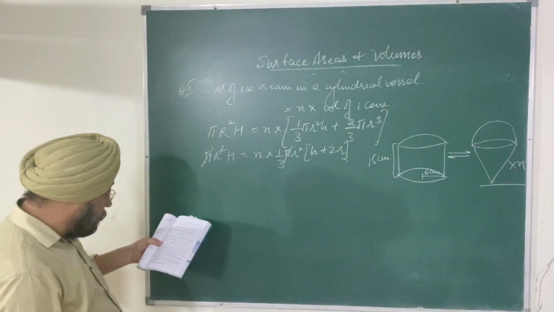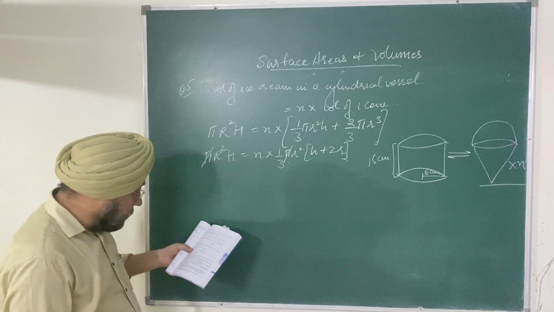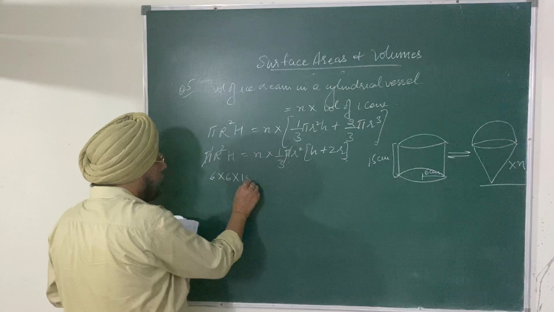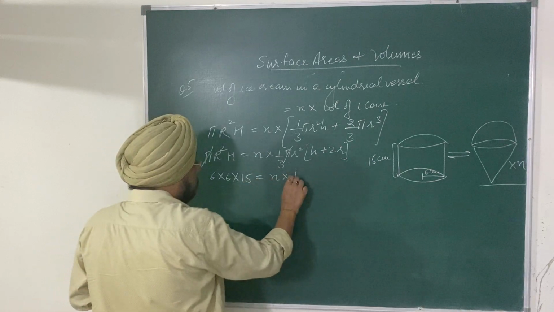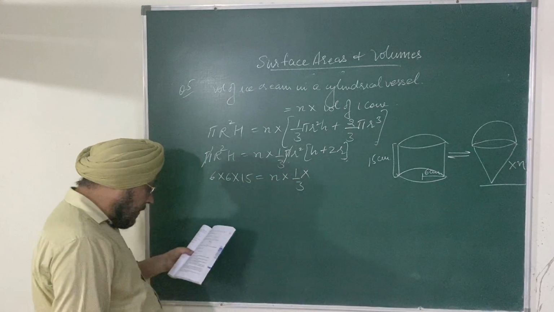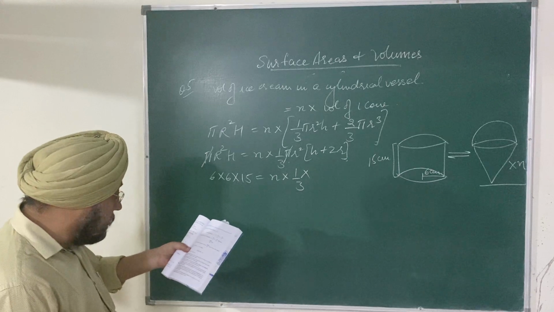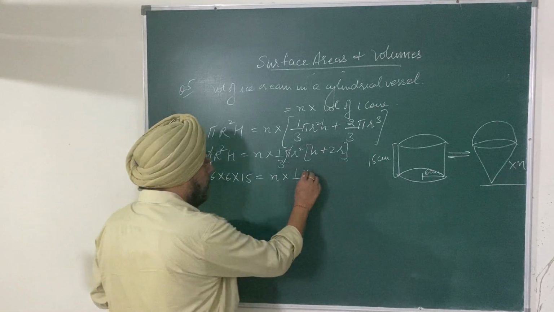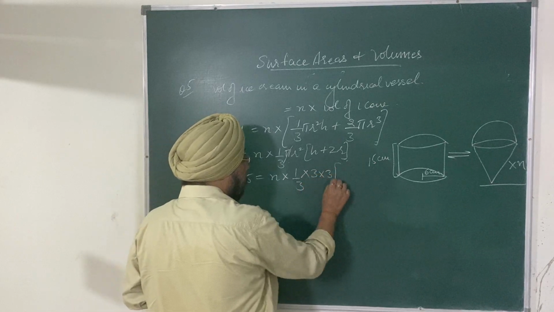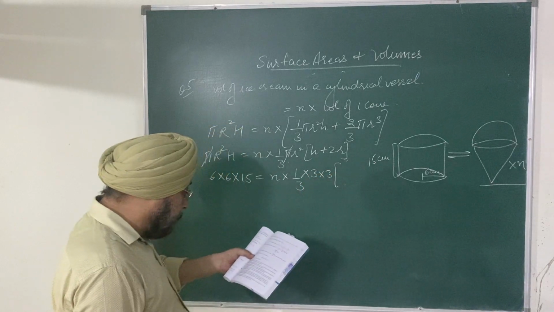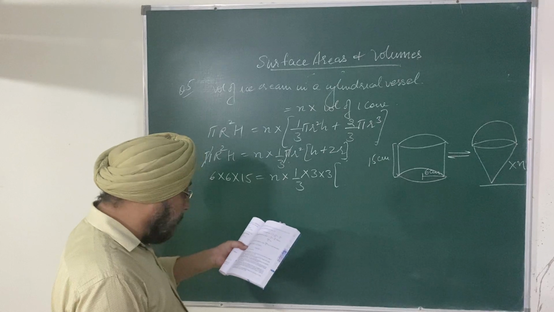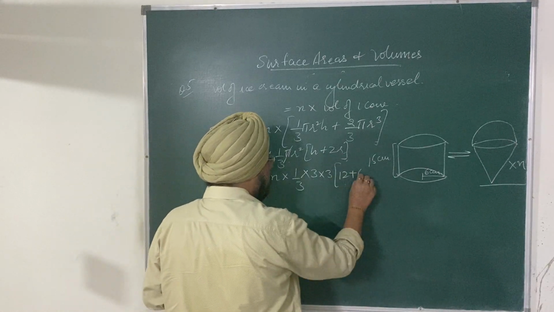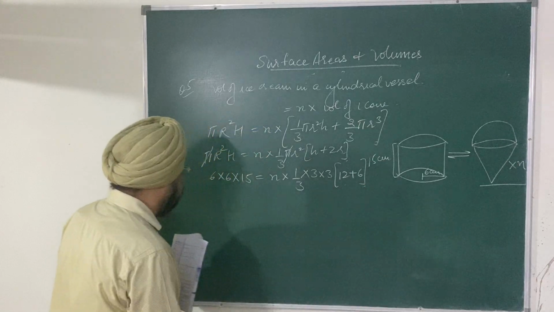So the cylindrical vessel has a radius equal to 6. Height is equal to 15. Now the diameter of the conical portion, or you can say the hemispherical portion, is given as 6 centimeters, so radius must be equal to 3. Height of the conical portion is given as 12 centimeter, and this is 2 multiplied by 3, that is equal to 6.